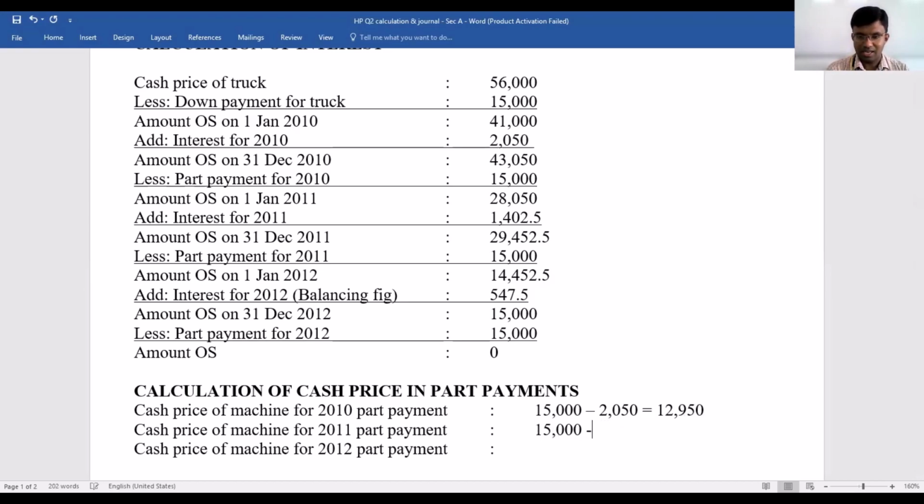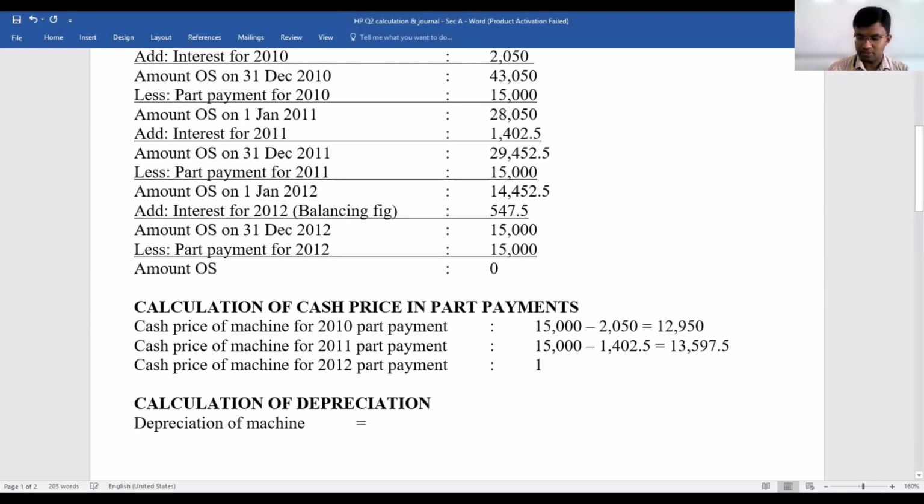Similarly, for 2011, this will be 15,000 minus 1,402.5, which will work out to be 13,597.5.